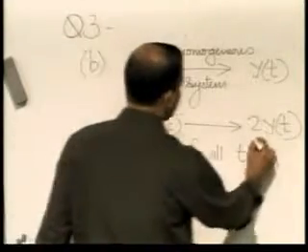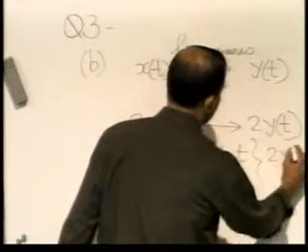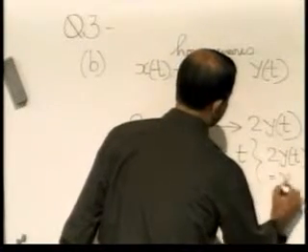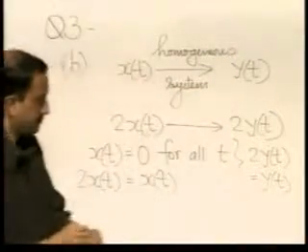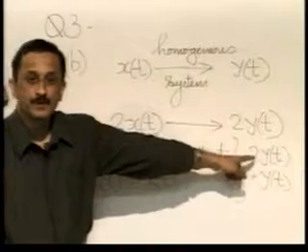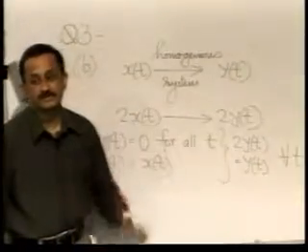And therefore, the corresponding output 2y(t) must be equal to y(t) for all t. And this can only happen when y(t) is equal to 0 for all t.